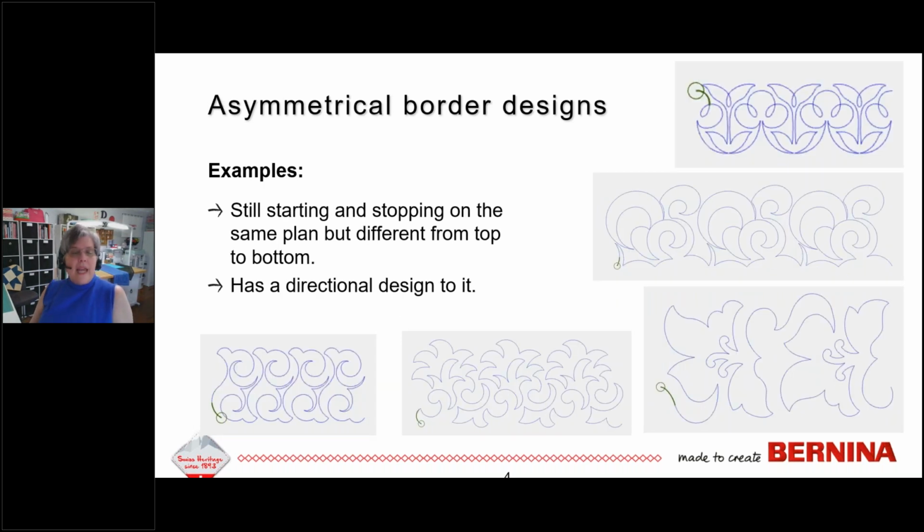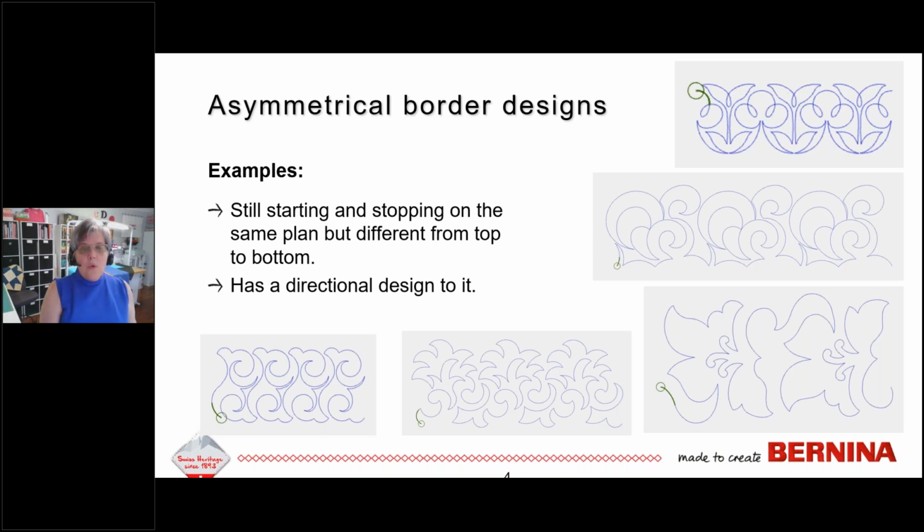Now, if you're working with an asymmetrical border design, one that's not exactly reading the same from left to right or from top to bottom, but still starting and stopping on the same plane and being flat on the top and the bottom, you would have to create two corners, which would be a left corner and a right corner for your design.